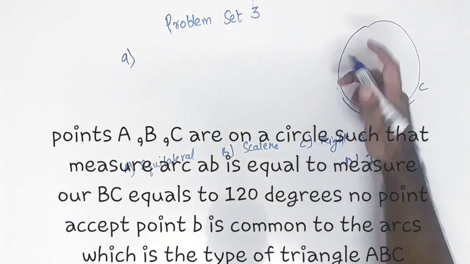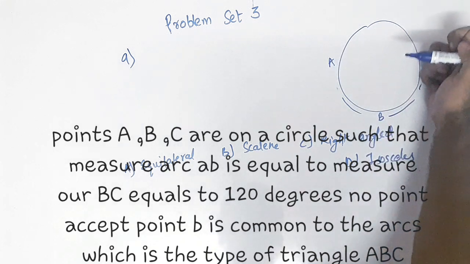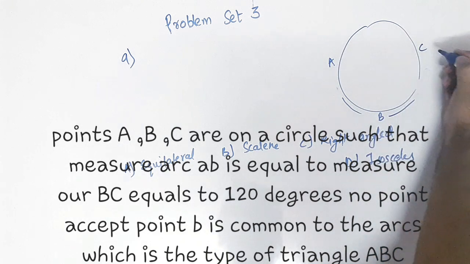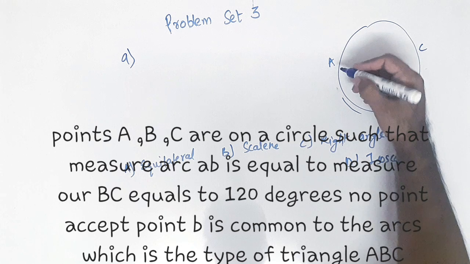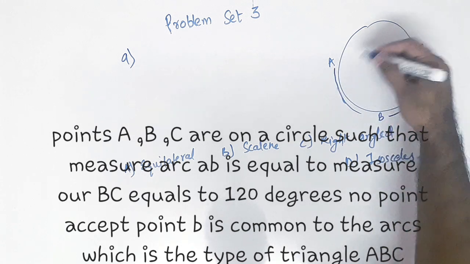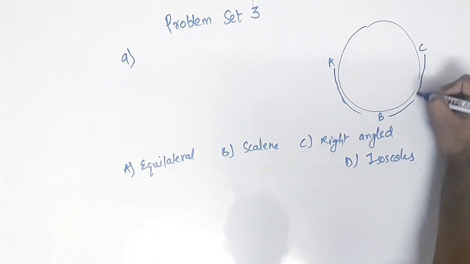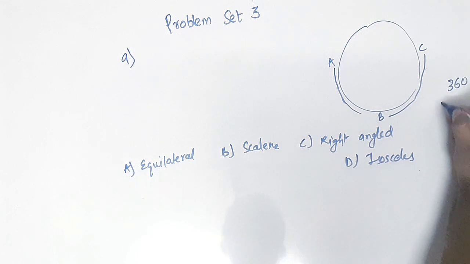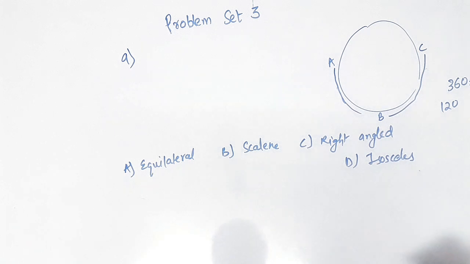Because 120 means 1/3 of the circle they are covering. 360 makes the full circle, so 120 is 1/3 of the circle.